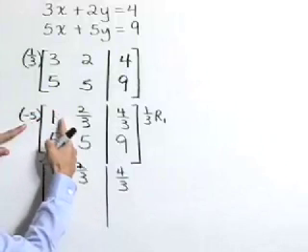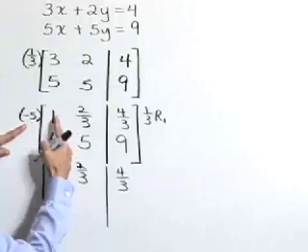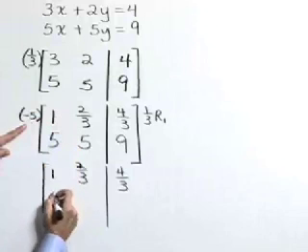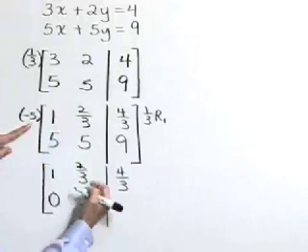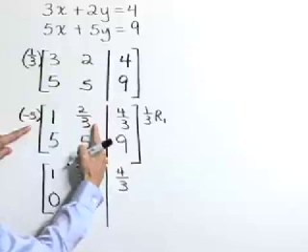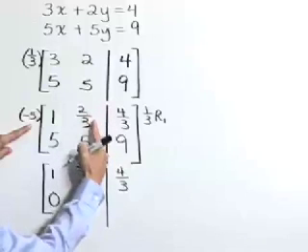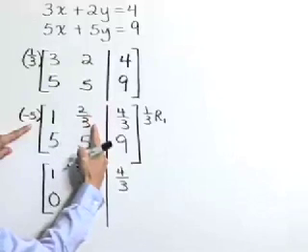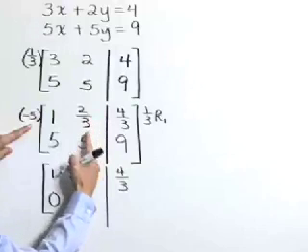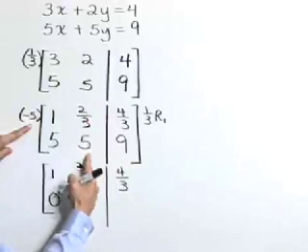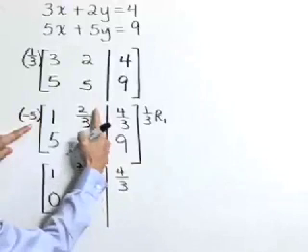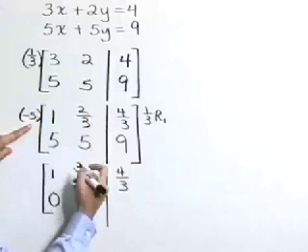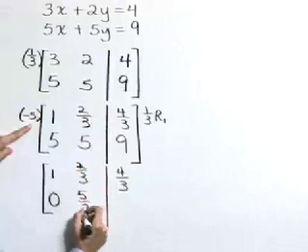So -5 times 1 is -5, plus 5 is 0. -5 times 2/3 is a -10/3. And -10/3 plus 5, think of that as 15/3. -10/3 plus 15/3 is 5/3.